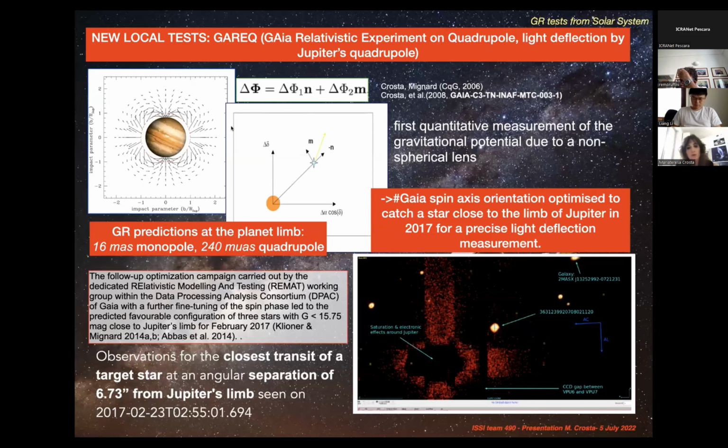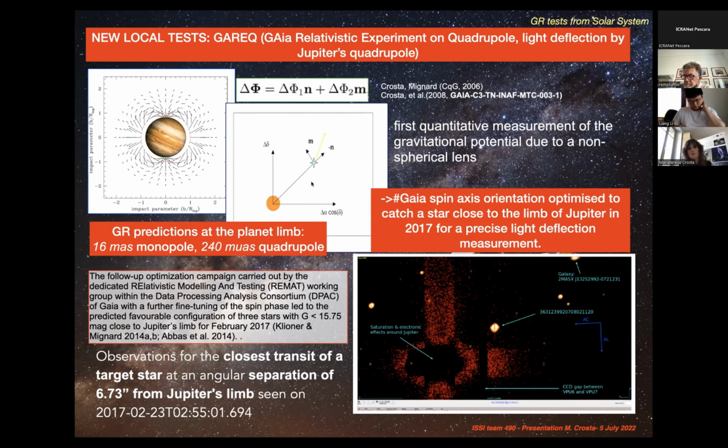Just briefly, I would like to introduce the fact that with Gaia, we have performed a test of the light deflection around Jupiter. This was studied before in 2006.